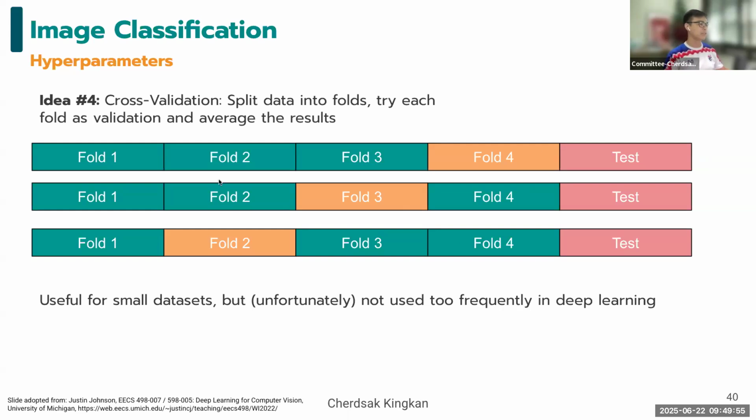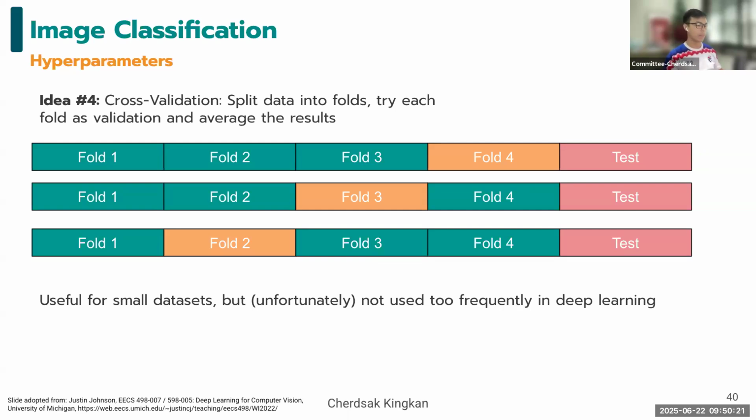And unfortunately, this idea is useful for a small data set, but when you are going to deep learning, you probably have a very huge data set. Training with this style using cross validation might not be the best solution because it will require a lot of computational resources.